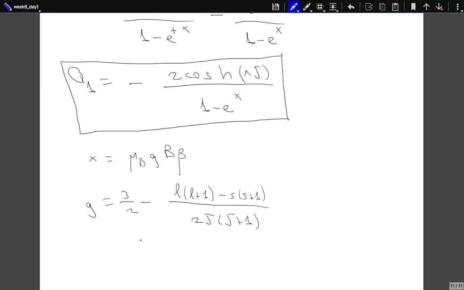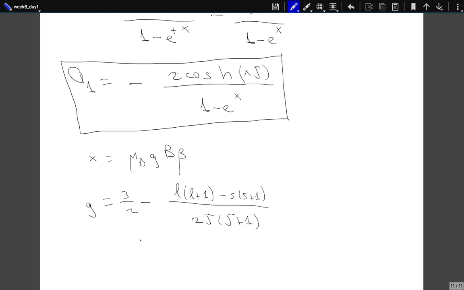If you have many particles, then I guess it should go to... You see, many particles is just a multiplication of single particles. So the single particle should go to the classical result.